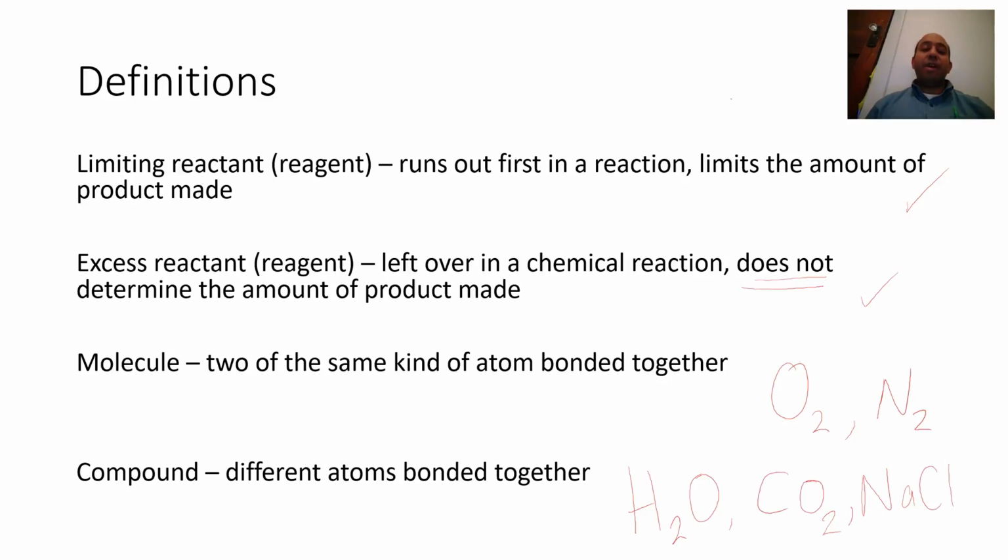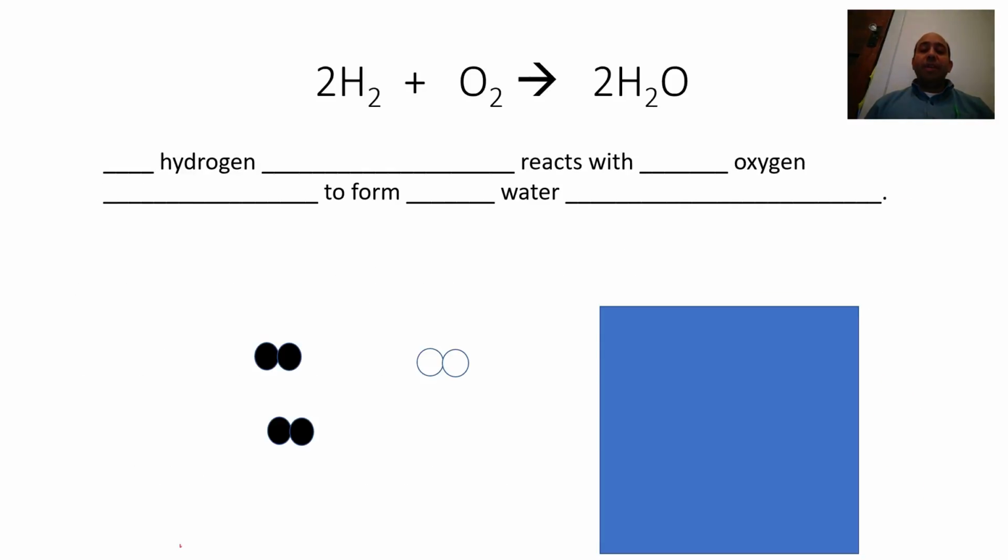Okay, so we have this chemical reaction and it's already balanced, and we have to fill in the appropriate words in the blanks here. You can see that there's a coefficient of two in front of hydrogen, and as you can see, hydrogen is two of the same atom, so it's molecules.